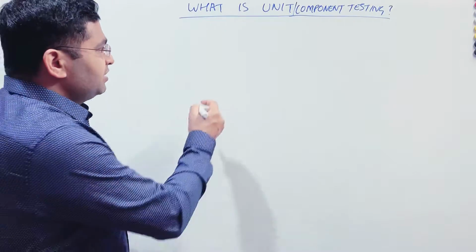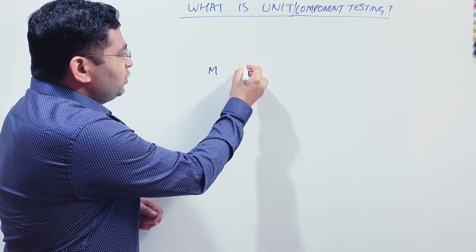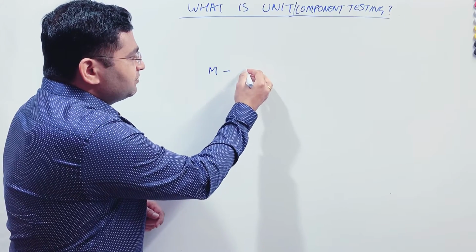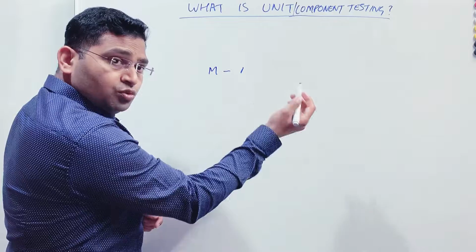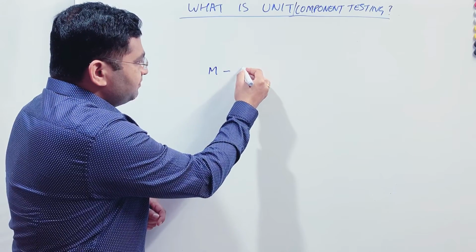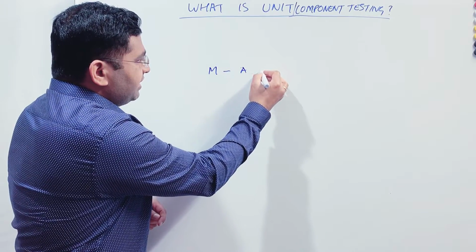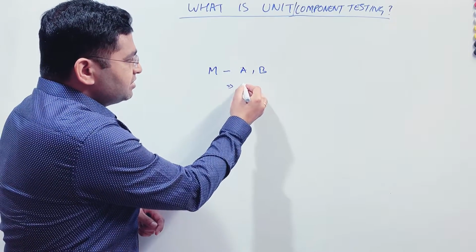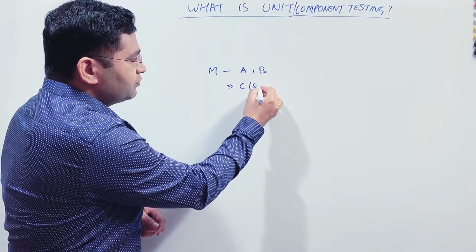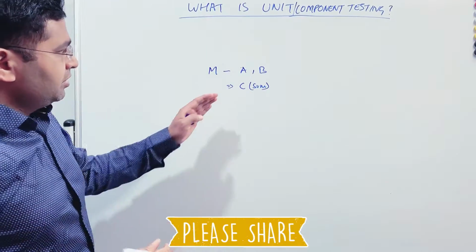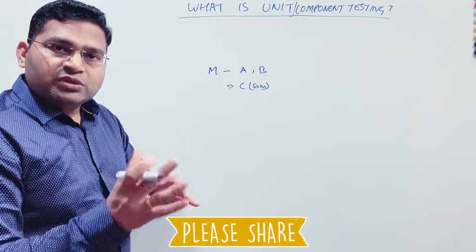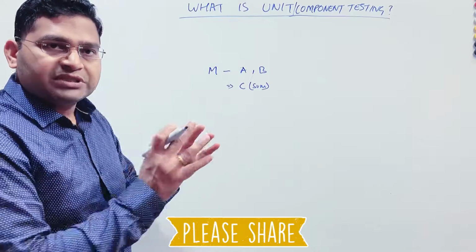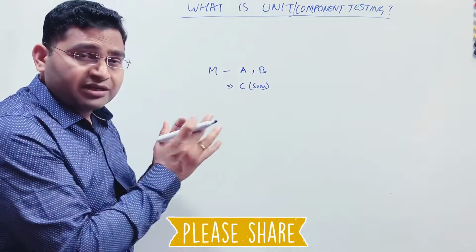Say for example, there is a method which accepts two integers, a and b, and then displays the result c, which is the sum of the two, right? This is what a unit will be in the software.